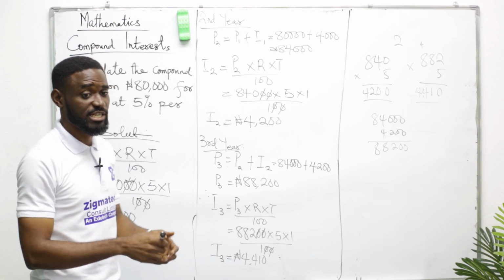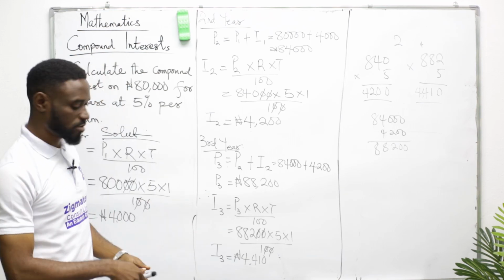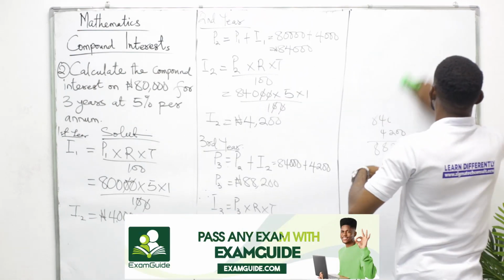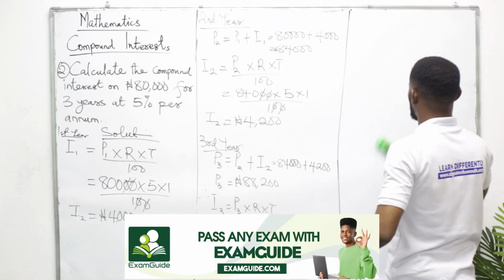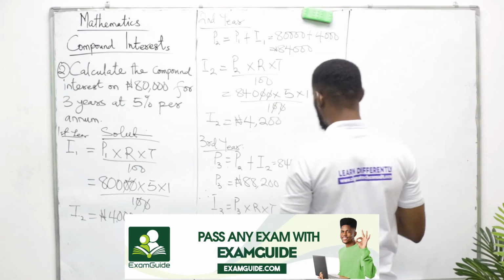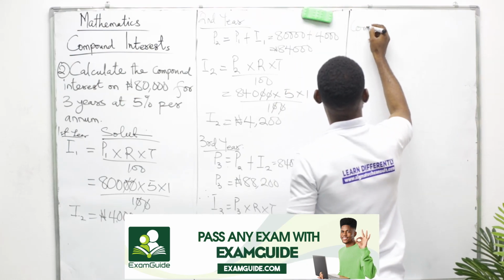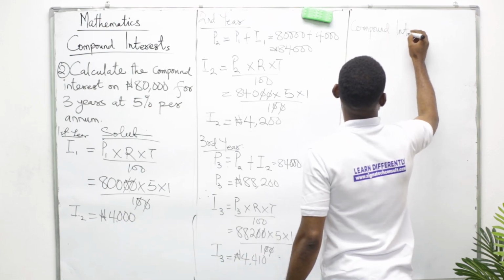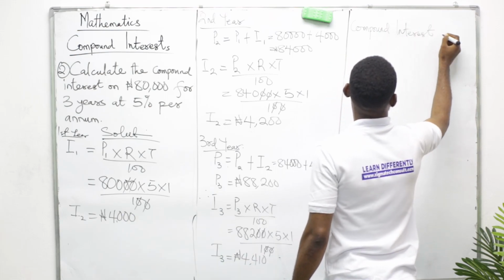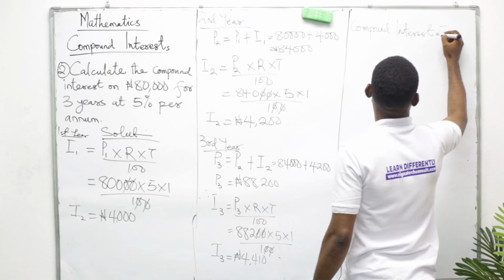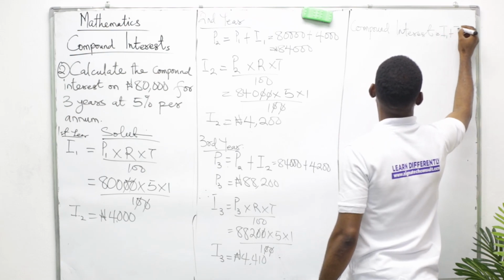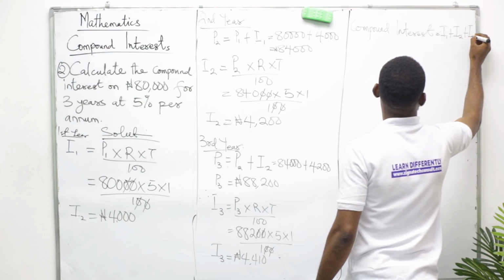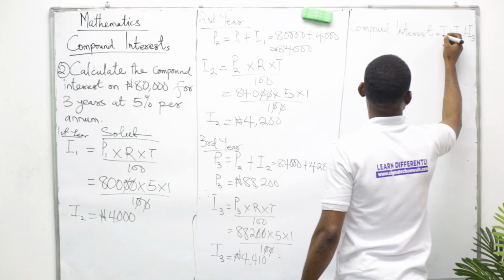Okay, of course, that is not our answer. The question is to calculate the compound interest. So simply, the compound interest is equal to interest of year 1 plus interest of year 2 plus interest of year 3. You get that? All right.